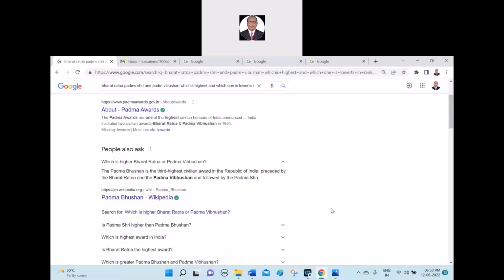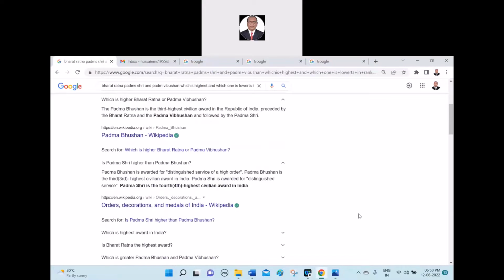Then which one is the sequence? Padma Bhushan is awarded for distinguished service of a high order. Padma Bhushan is the third highest civilian award in India. Padma Shri is awarded for distinguished service. Padma Shri is the fourth. So Padma Vibhushan and Padma Bhushan are the higher hierarchy and Padma Shri is the fourth highest civilian award.